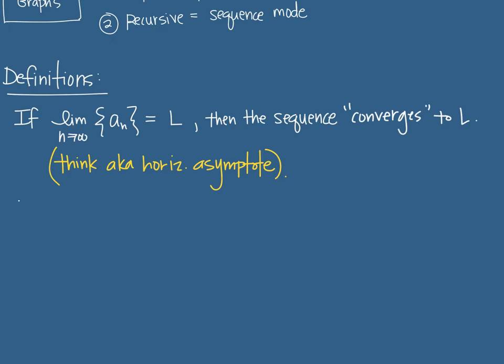And then if the limit as n approaches infinity, sorry, my n's are looking like h's, aren't they, Catherine? Okay, let me see if I can fix it. Okay. All right. Of the sequence does not exist, then the sequence diverges.